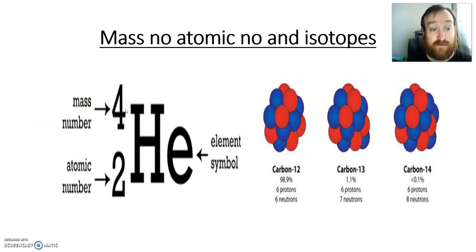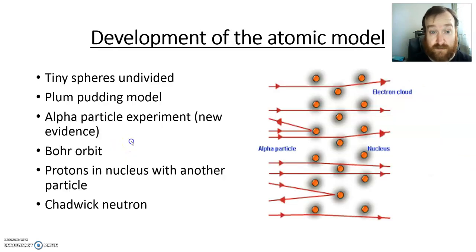That means it's got 4 nucleons, 4 protons and neutrons, so it's got 2 protons, 2 neutrons, because the atomic number is 2. The atomic number tells us the number of protons and the number of electrons. If the atomic number is 2, then if this isn't an ion, it will also have 2 electrons. So to get the number of neutrons, we take the big number and subtract the little number from it. You need to know the definition of what an isotope is.